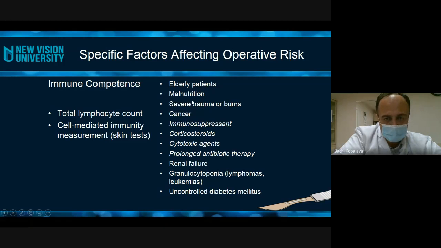We already said that malnutrition decreases the resistance against infection. Severe trauma or burns. Cancer also leads to immunodeficiency because, during quick growth, the cancer demands nutrients, vitamins, and everything. And always in cancerous patients, there is a deficiency of nutrients and vitamins and microelements.